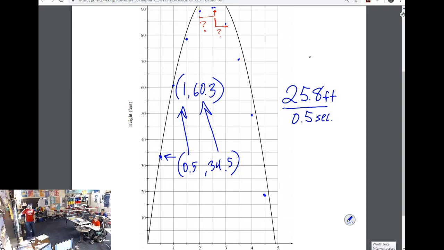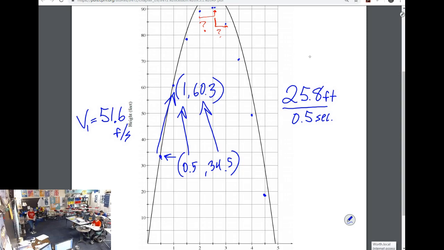So the velocity here, not of Jen, remember we're doing Sasha, but we're doing it on this graph, is 51.6. Well, we're going to call that V1. And we're going to label that feet per second. Also, if you see FPS, normally that also means feet per second. But I like just using the slash label.